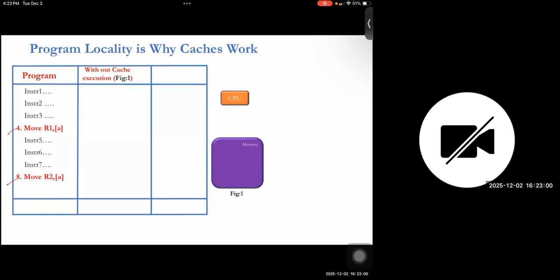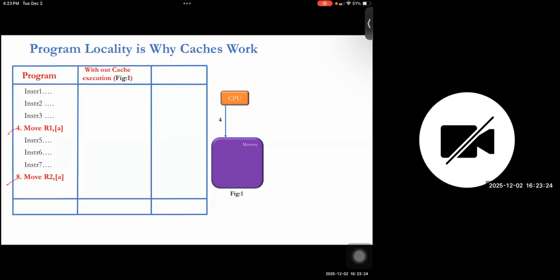Inside the CPU we have the program counter, which we discussed in the instruction fetching stage of pipeline data path design. It issues the address of the operand, the value A, that is at location 4 in the memory.